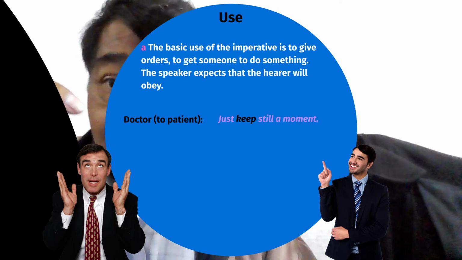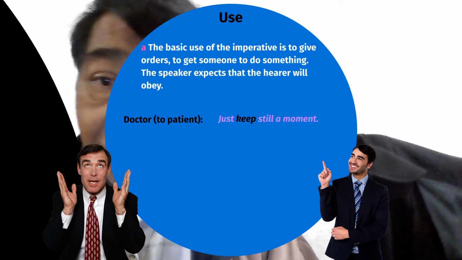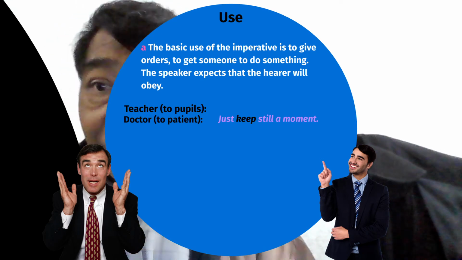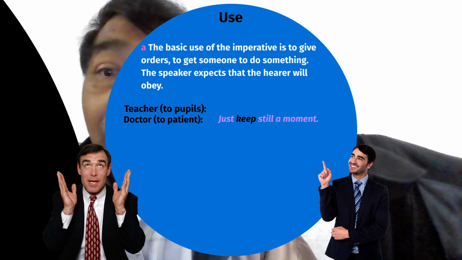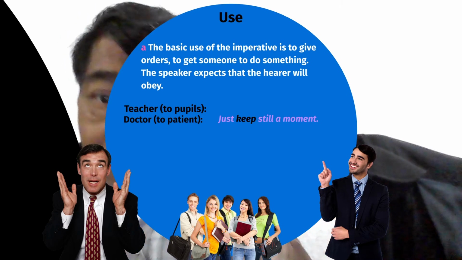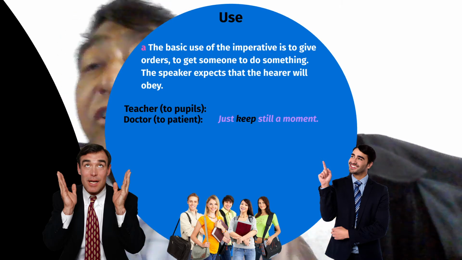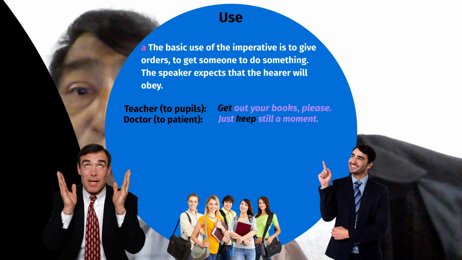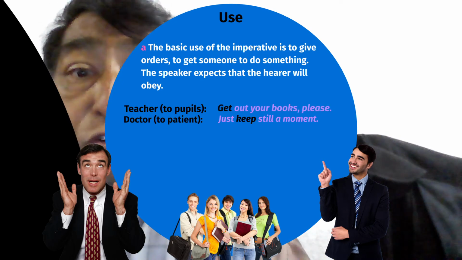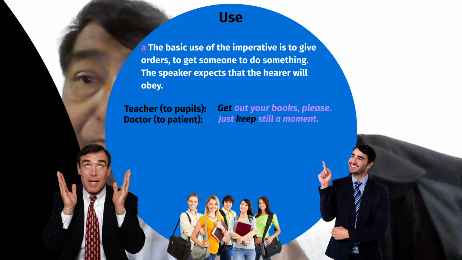Then this guy who appears on the scene, it says, the teacher to the pupils. He's a teacher, and the pupils here are his students. So let's see what the teacher tells his pupils. It's get out your books, please.